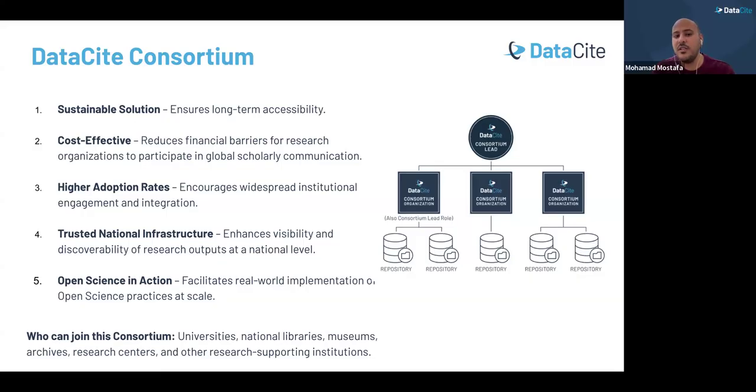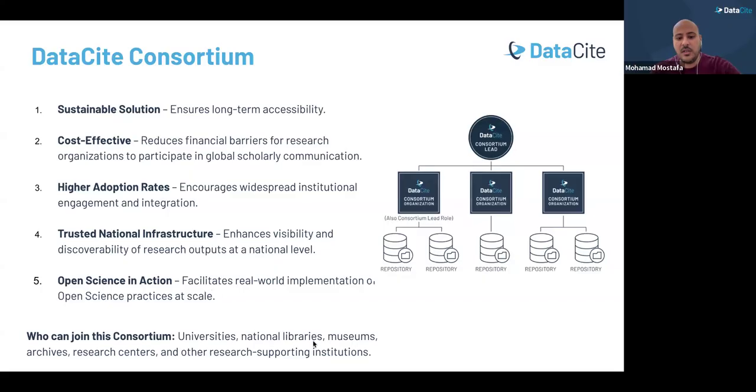It reduces financial barriers, which helps increase adoption rates, enhancing visibility and national infrastructure on a national or regional level, based on the type of your consortium. And as we highlighted earlier, you are putting open science in action, showing a real world example of adopting open science in practice.